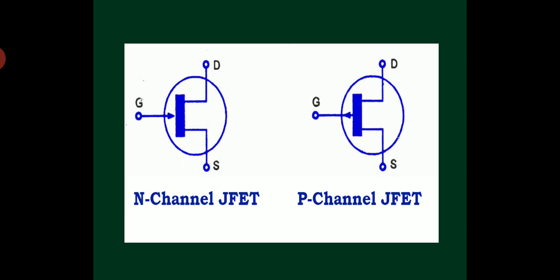In this, total current flow is the combination of majority charge carriers and minority charge carriers. Both majority and minority charge carriers take part in conduction in BJT. But FET is a unipolar device.